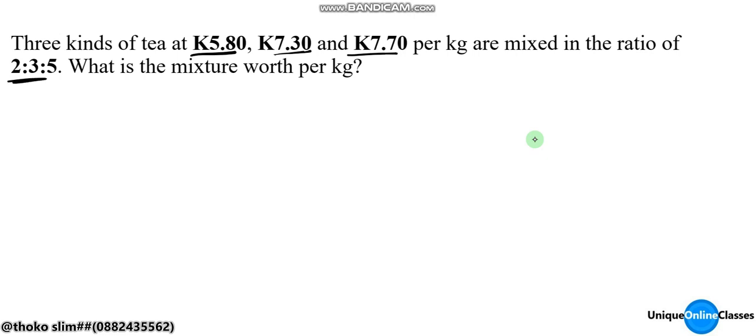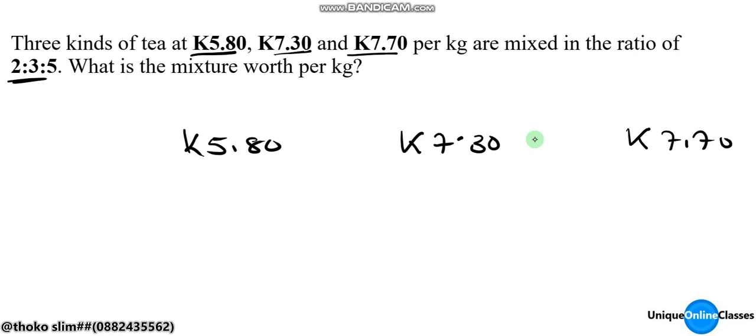What is the mixture's cost per kg? So we have 5.80, 7.30, and 7.70. The ratio of these ones: here you have 2, here you have 3, and here you have 5.